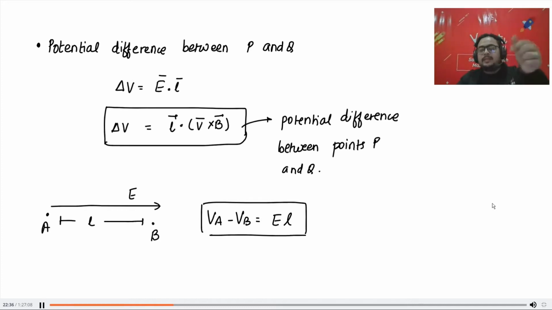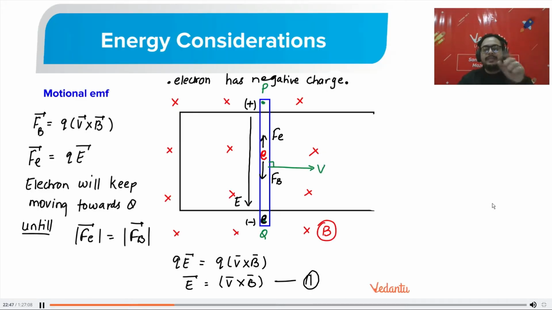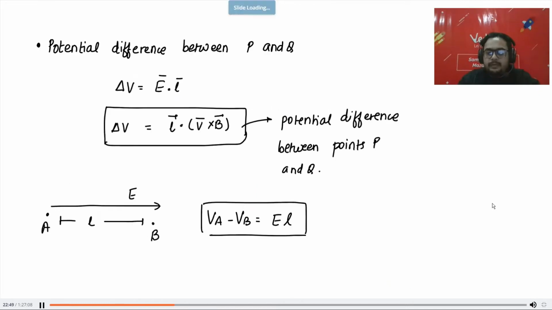So that is what I'm using here. Delta V is potential difference, and that is E dot L. I put the value of electric field from the previous relation, V cross B, and I finally get the formula for potential difference between 2 points, P and Q.